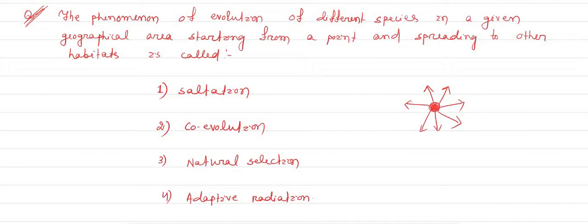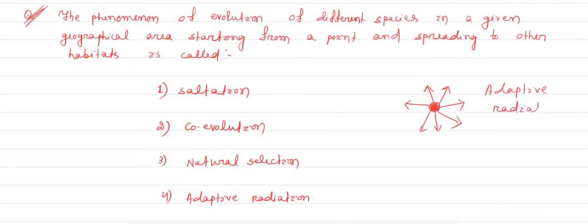To reduce this competition and for survival, the species spread to different regions rather than living in their origin. This process is called adaptive radiation, because they radiate from a single point to different habitats.